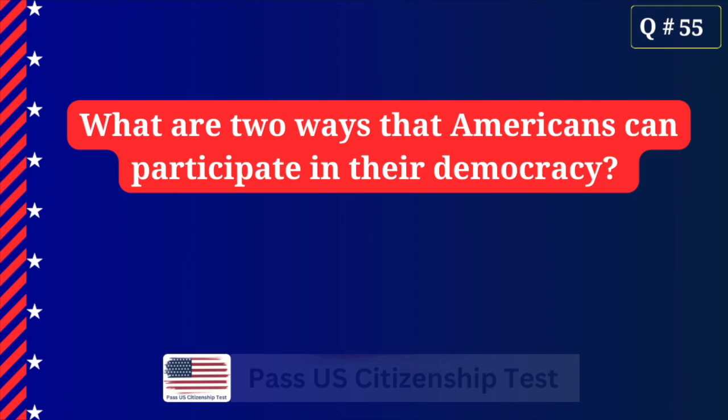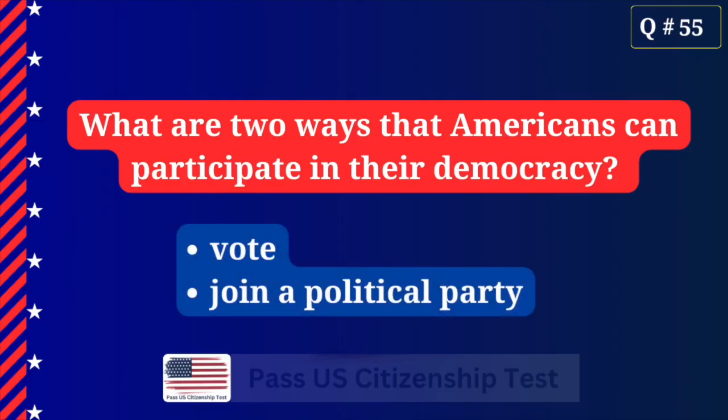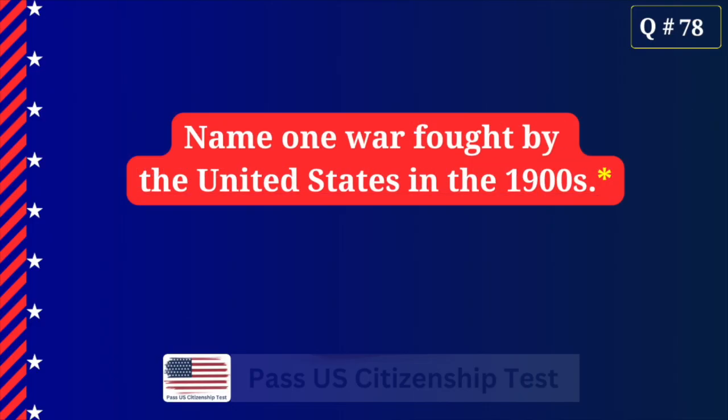What are 2 ways that Americans can participate in their democracy? Vote. Join a political party. Name 1 war fought by the United States in the 1900s.